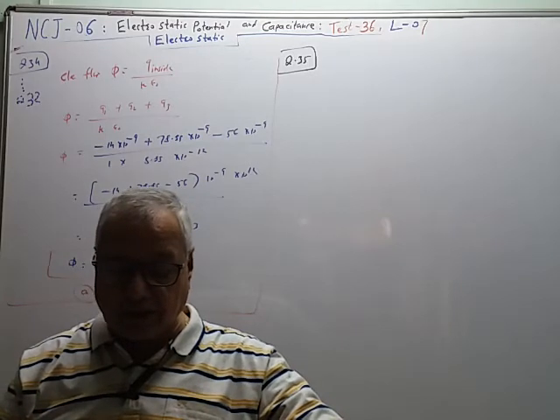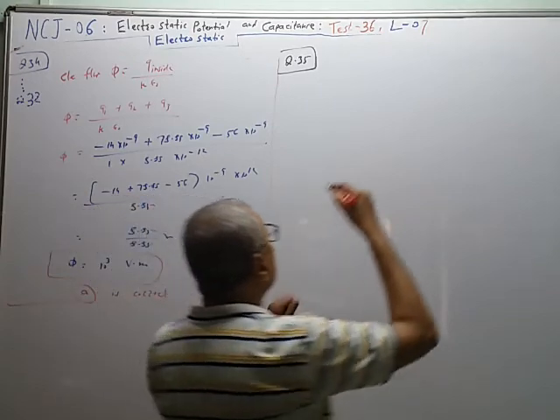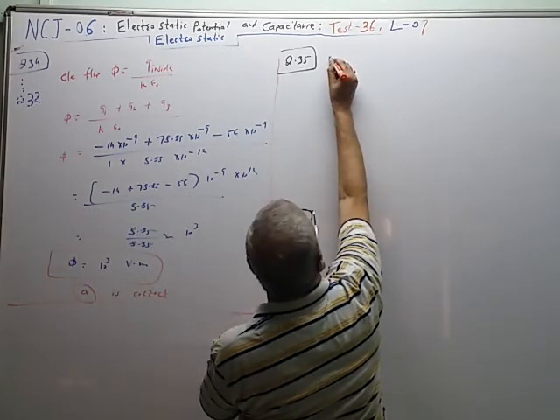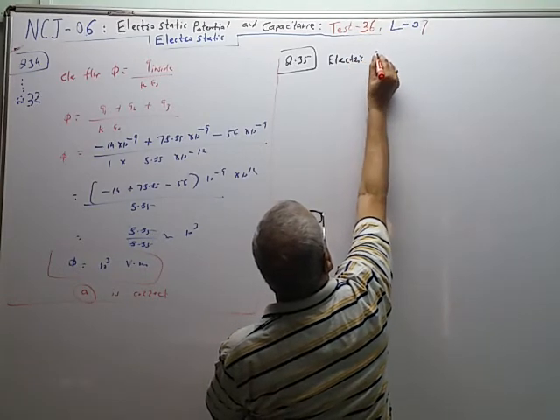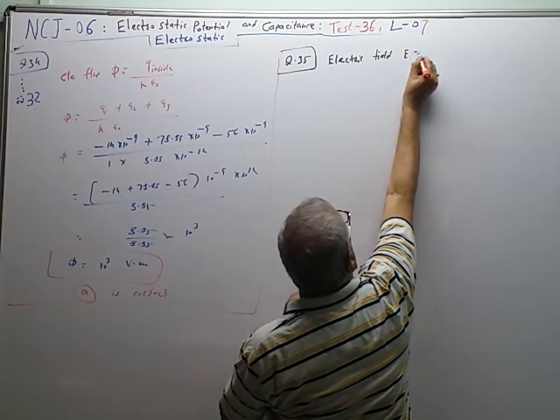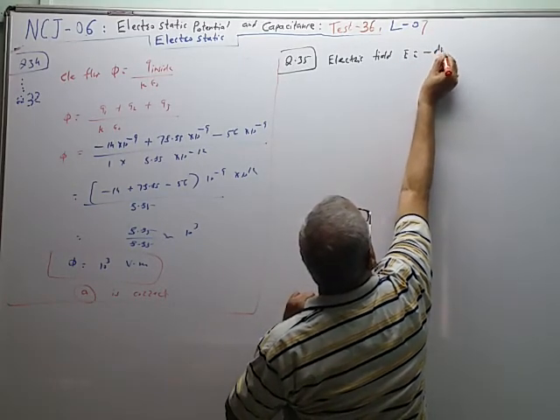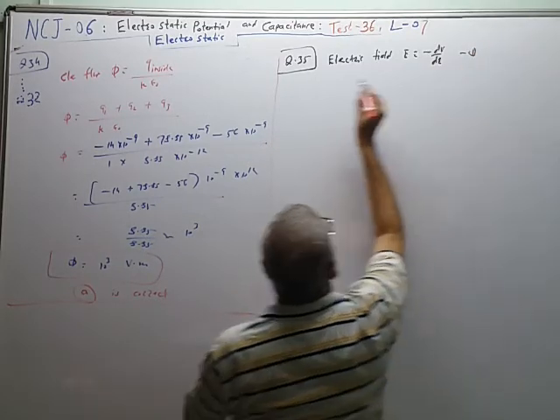So the formula for electric field is like this. Electric field E is equal to minus dV by dr, equation 1.